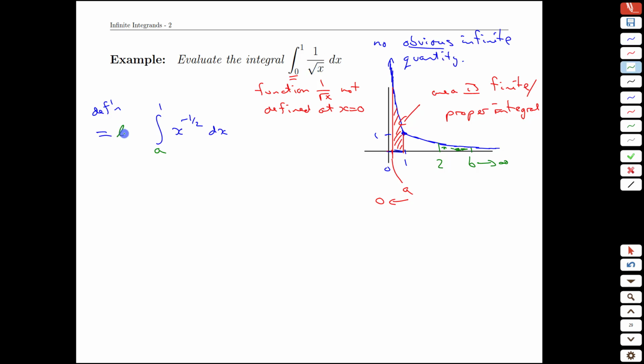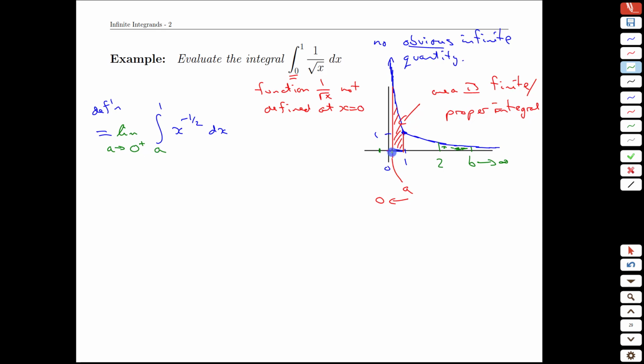And when we're done that integration step, we're going to let a approach 0. As a fussy little thing, we're going to have a approach 0 from the right. This rarely affects the calculations in any way, but it just means that a starts as a positive quantity and not, say, as a negative quantity straddling the problem point. So we're going to have a being positive heading down towards 0.